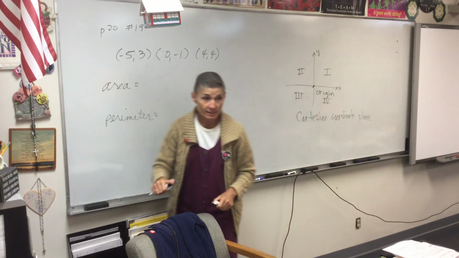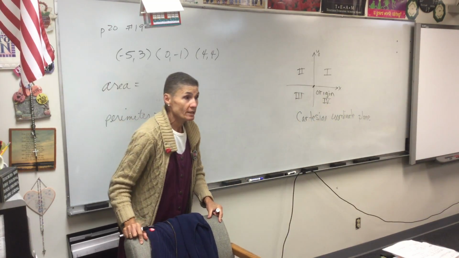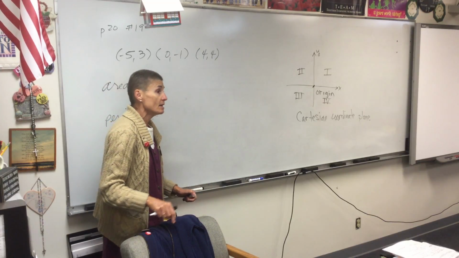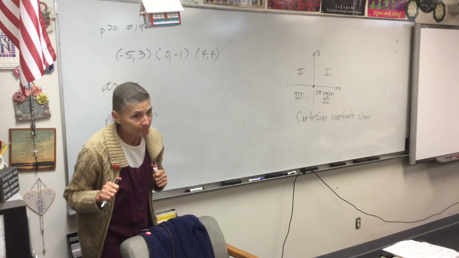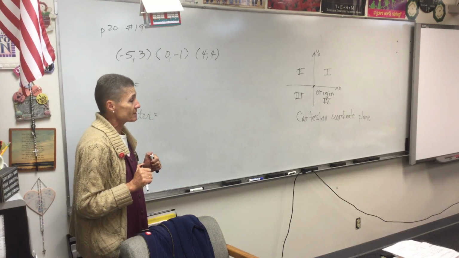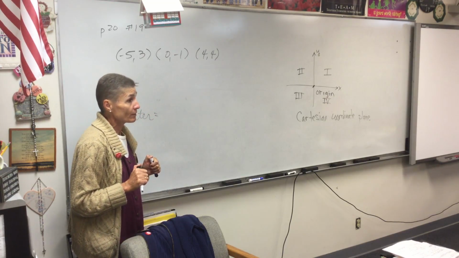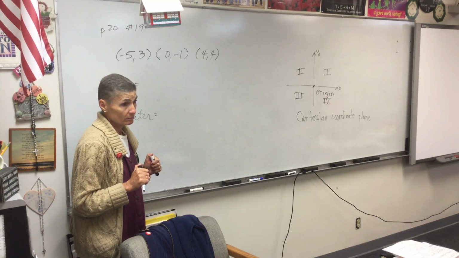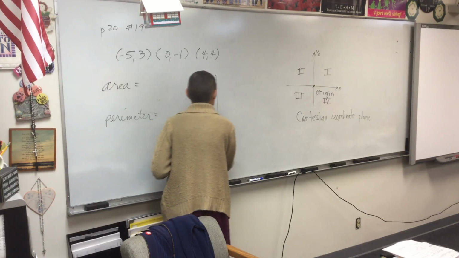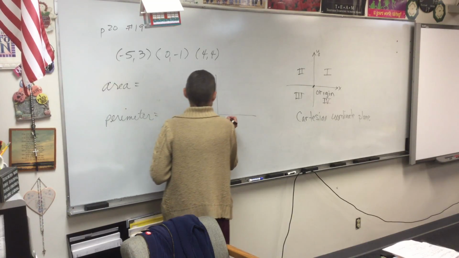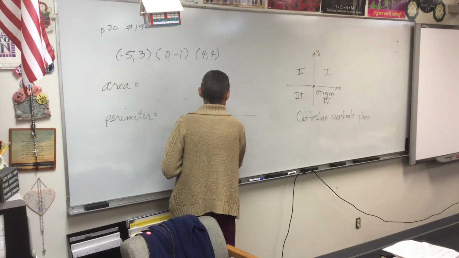Okay, so do you understand the concept here? We've got 3 points, we're going to plot them, connect them, we're going to get a shape. Obviously, if there are 3 points, what shape are we going to get? Triangle. And our job is to find the perimeter and the area of the triangle. All right, seems like we should be able to do that. Let's see, 0, -1.